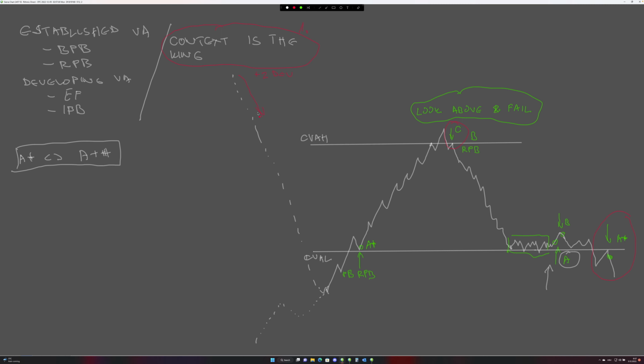We are coming down, breaking the CVA, and then bounce back, and this, let's say on the yearly, is some plus 1.5 deviation.